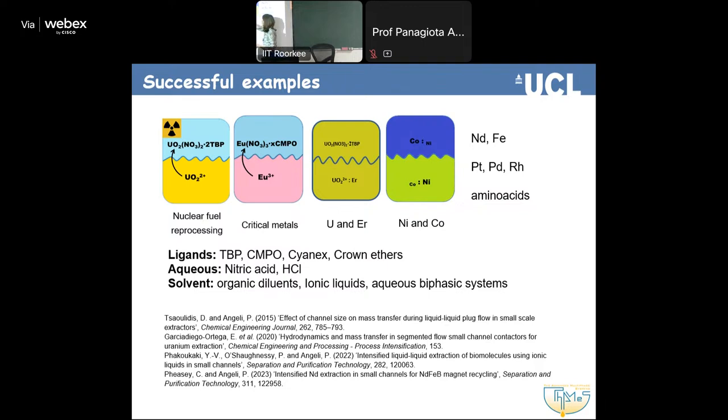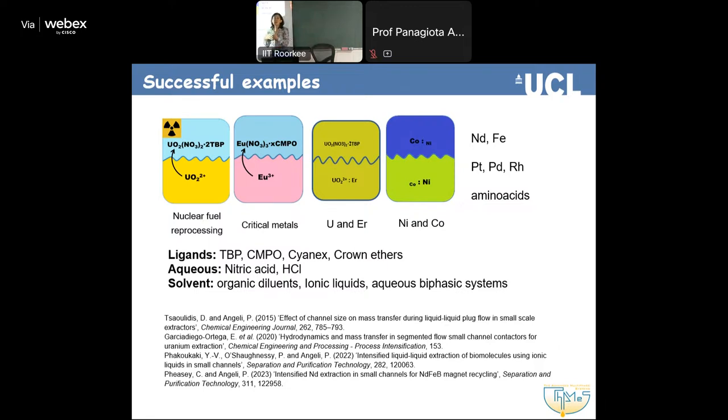Extractions have been used a lot for metal separations. Also, as we said, pharmaceuticals, there are a lot of applications. We applied it a lot on metal separations, and we tried a bit on amino acids to use it on biomolecules as well. When we have metal separations, the aqueous phase is usually an acidic or strongly acidic solution.